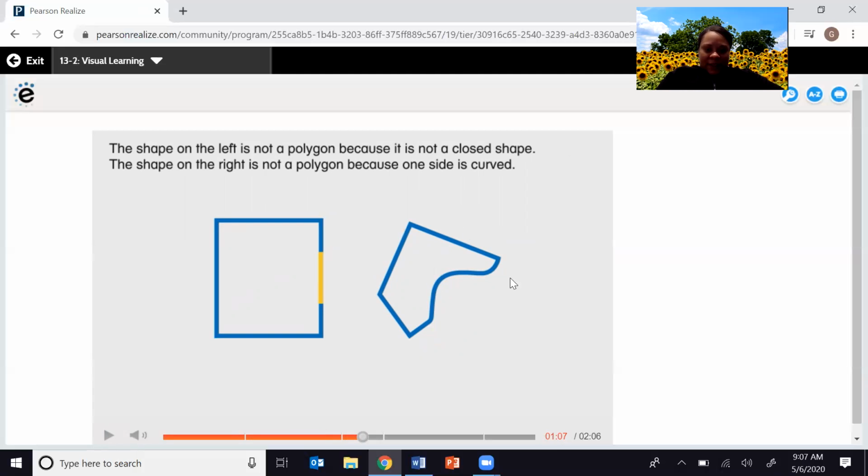If your shape has a curved side, that's not a polygon. Just like a circle, it's completely curved and it has no sides, so it is not a polygon. The shape on the right is not a polygon because one side is curved.